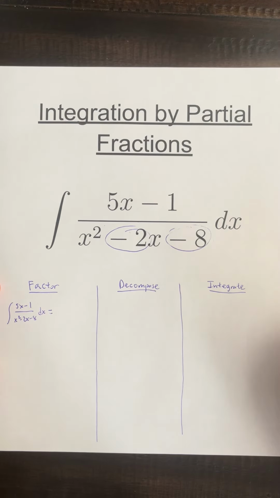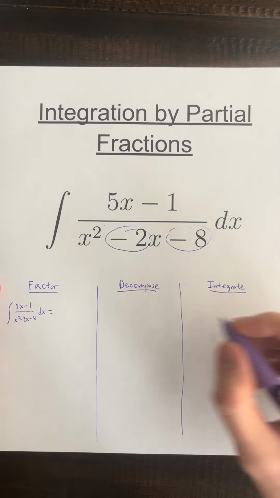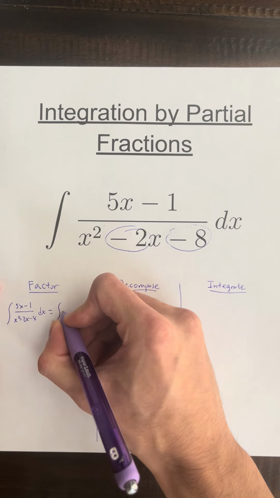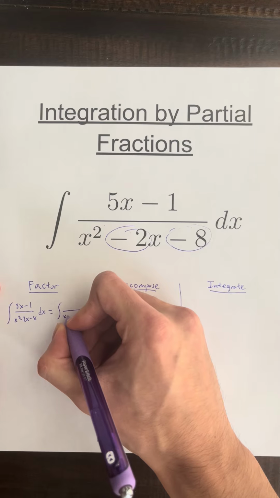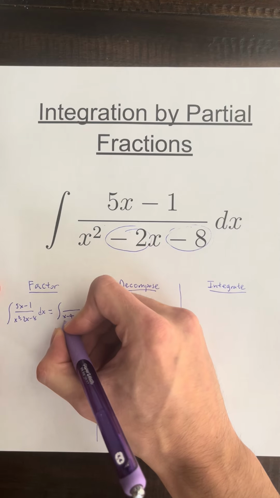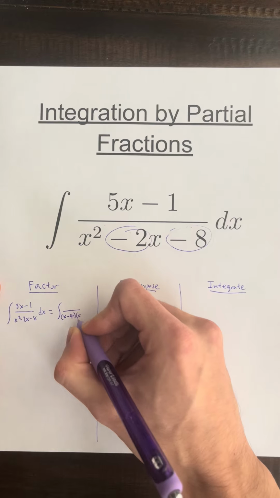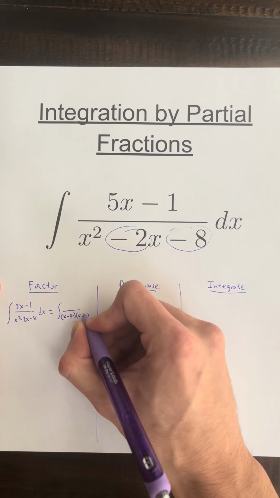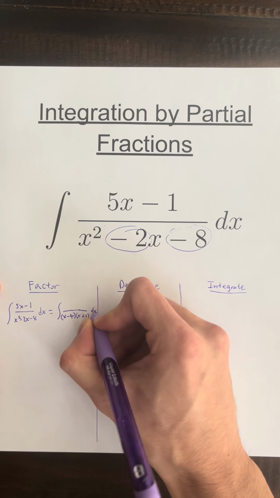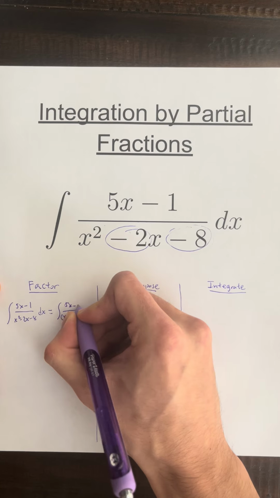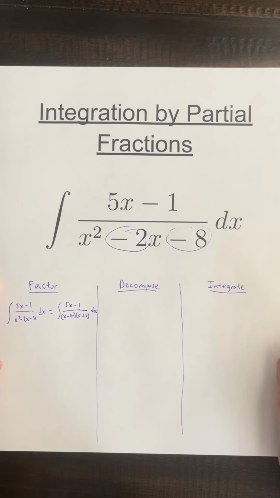What are those 2 numbers? They are -4 and +2. Okay.